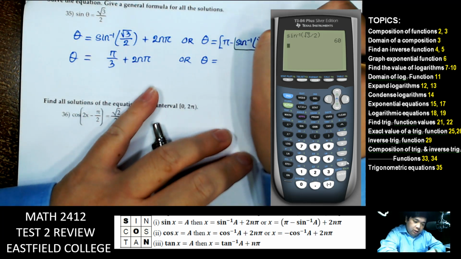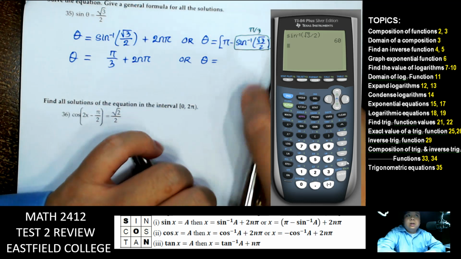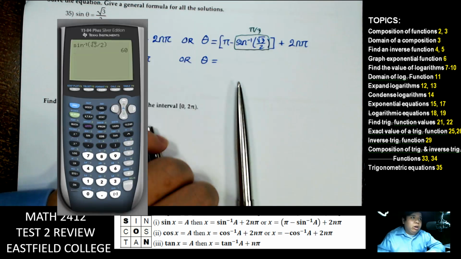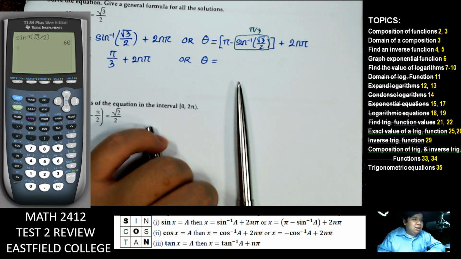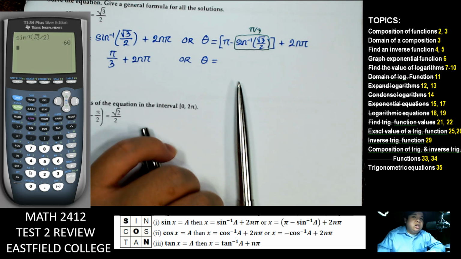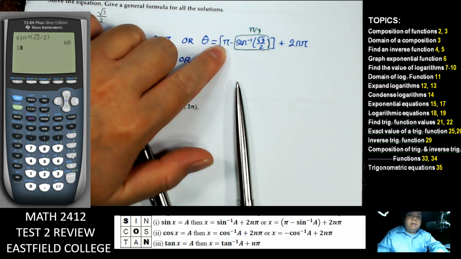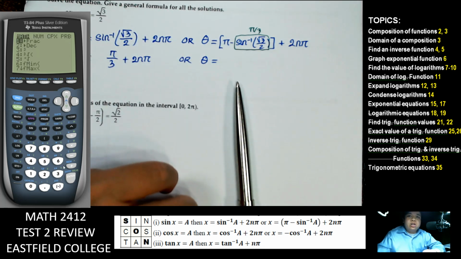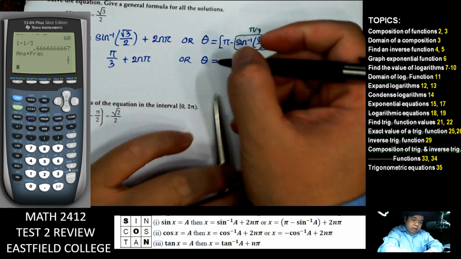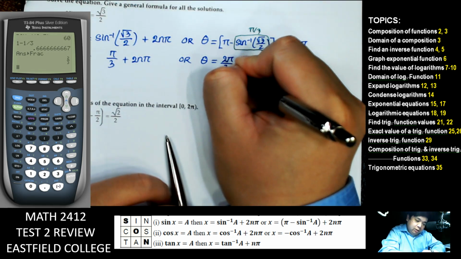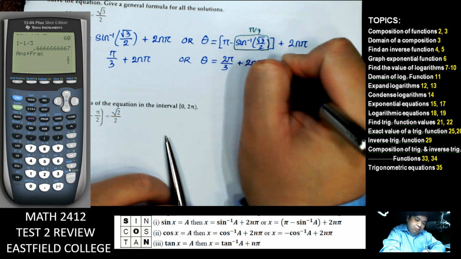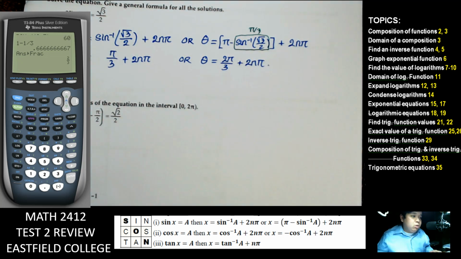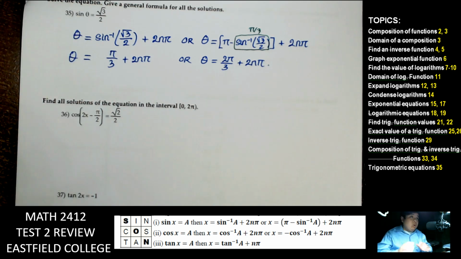And because we know this is pi over 3, now this is pi minus pi over 3, so I will not use pi, I just use 1 minus 1 over 3. We have that, change the fraction, and 2 pi over 3 plus 2n pi.